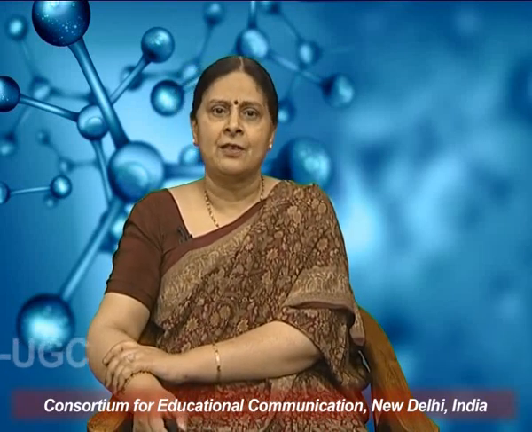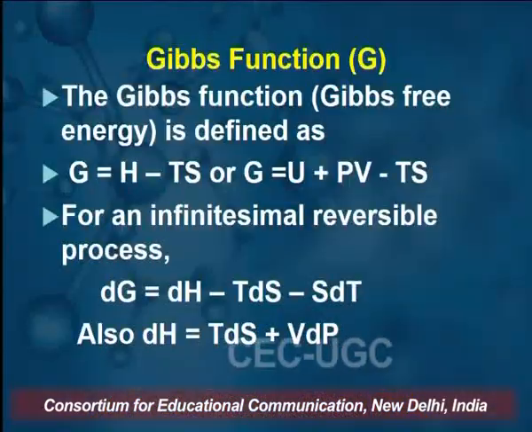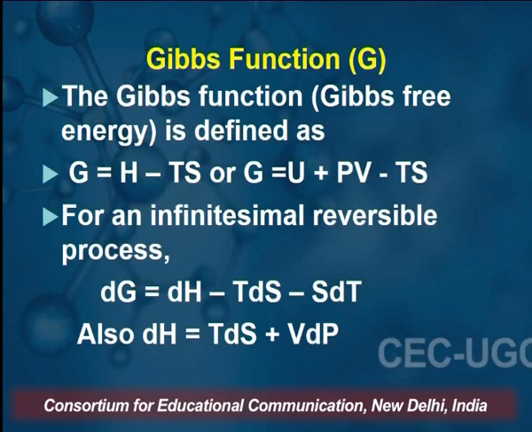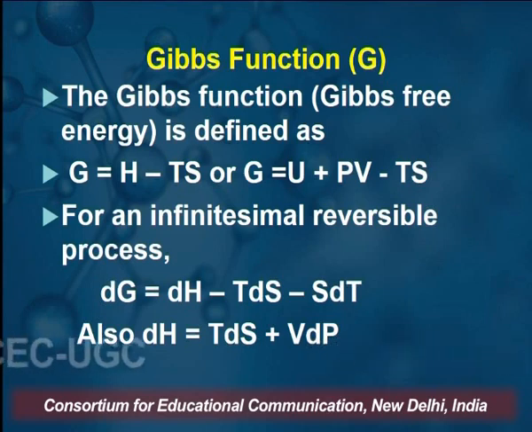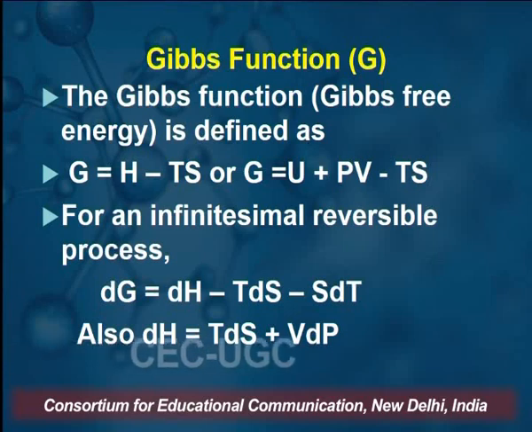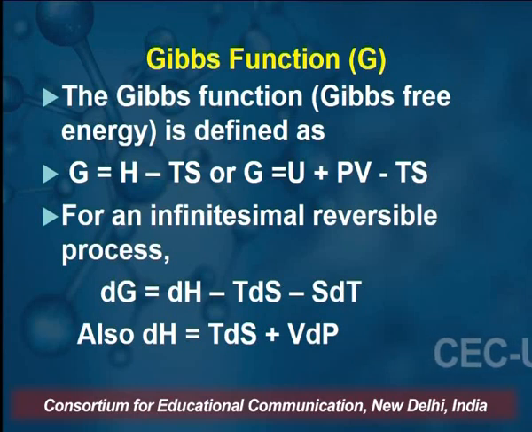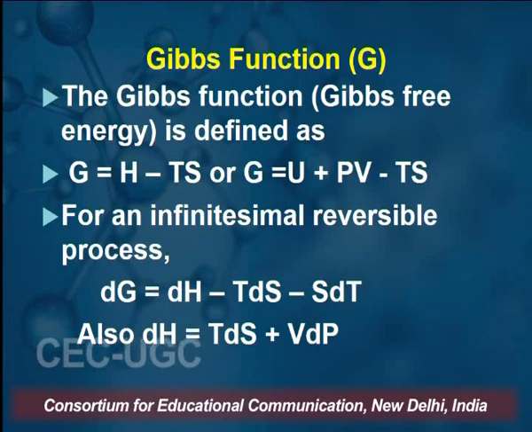As discussed, what is Gibbs function? Gibbs function is defined as G = H - TS. H is U + PV, so G is U + PV - TS. If we differentiate both sides, we get dG = dH - TdS - SdT.